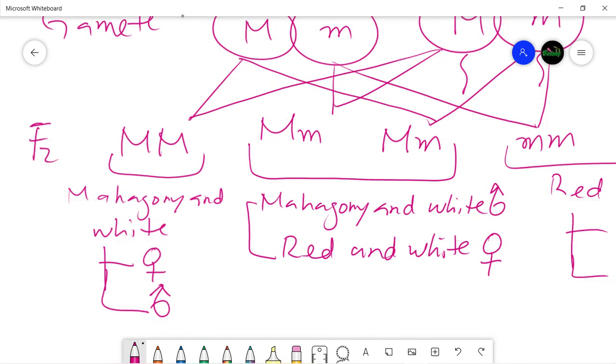However, in heterozygous condition, the effect is different in different sex. So it will be mahogany and white in males, bulls, and red and white in females or cows. So this was a case of sex influenced genes.